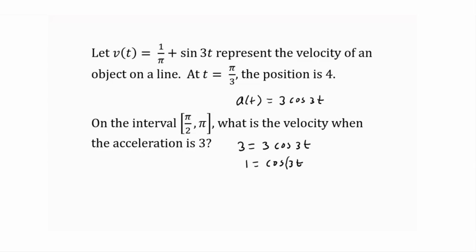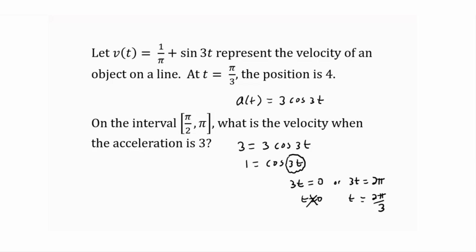What I know about the cosine is that it is equal to 1 at 0 and 2 pi and every multiple of 2 pi. So 3t would have to equal 0 or 3t would have to equal 2 pi. Solving the first one, I get t equals 0, but that is not in the interval that I need. But if I solve the second one, I get t equals 2 pi over 3, which is in the interval.